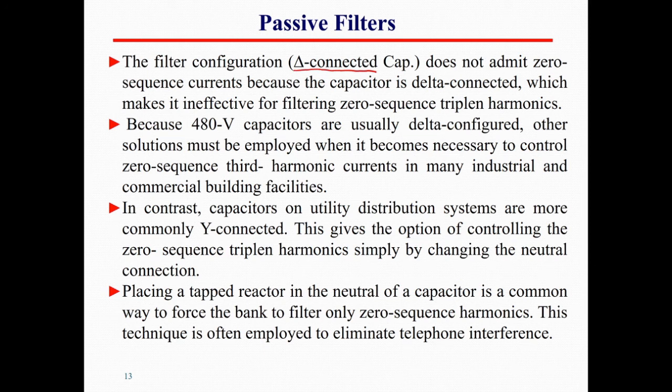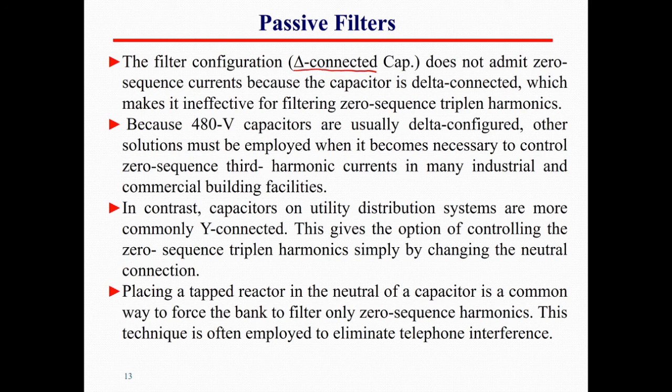Placing a tap reactor in the neutral of the capacitor is a common way to force the bank to filter only zero sequence harmonics. This technique is often employed to eliminate telephone interference. So this is how to get rid of the third harmonic.